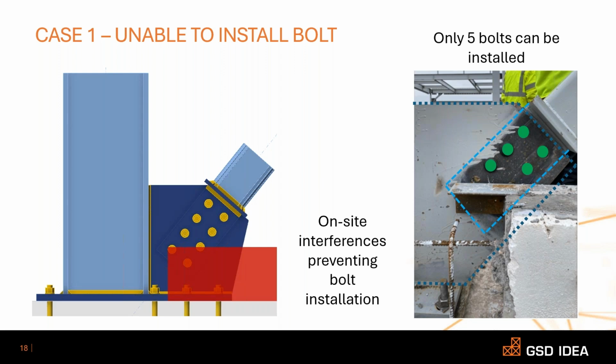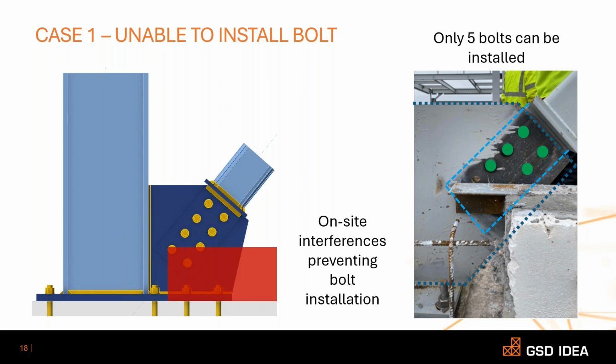However, in Ideastatica, it makes it easy to modify all these changes and consider all the design considerations, like the eccentric loading and everything. Let's see how easy it is to make the changes in Ideastatica to resolve this site query by matching the preliminary design with existing site conditions.